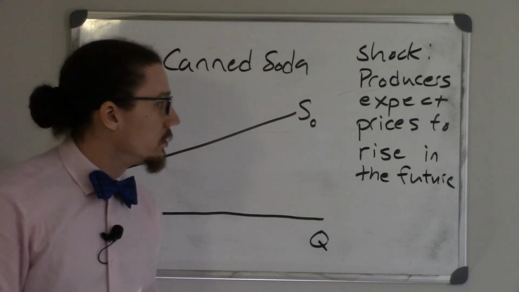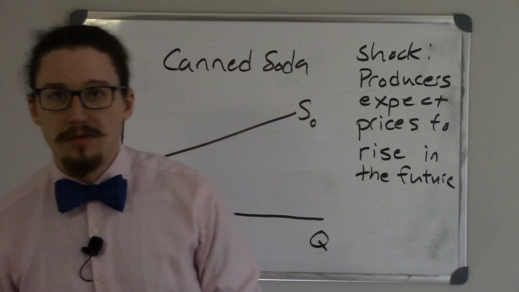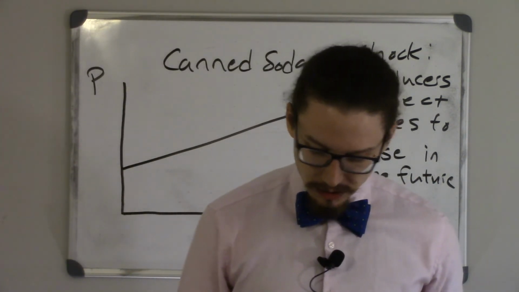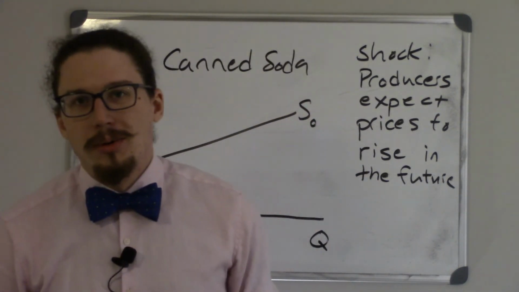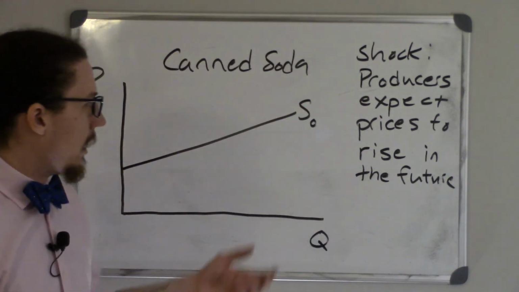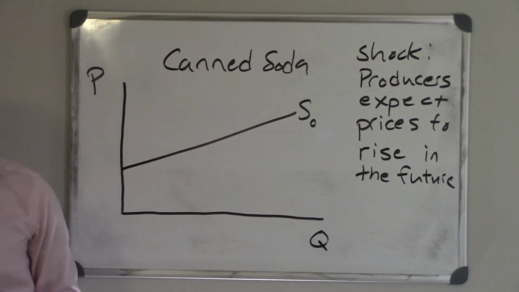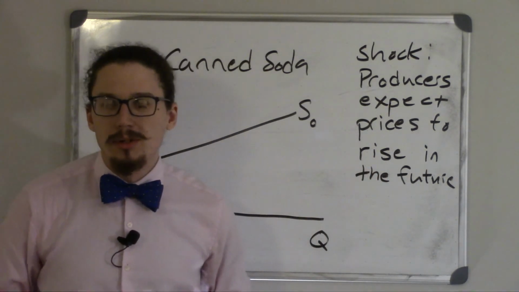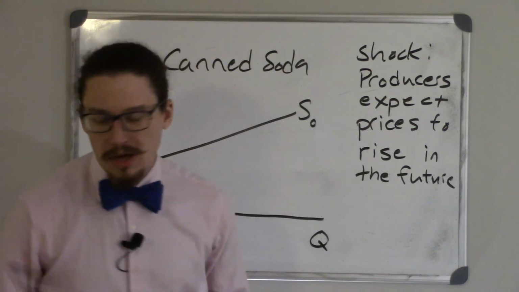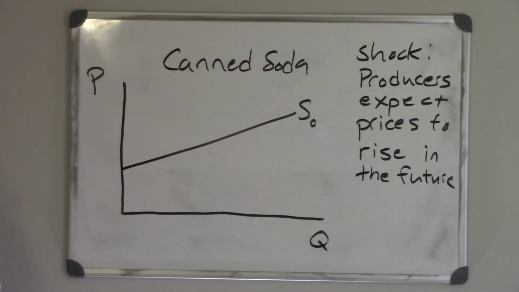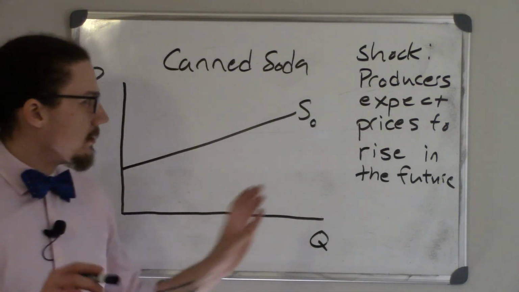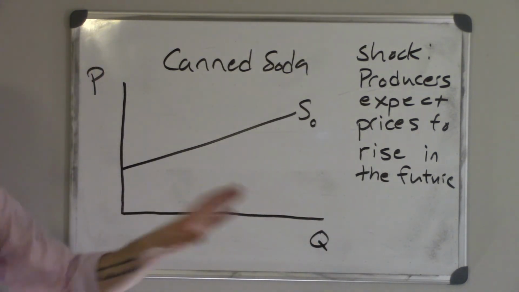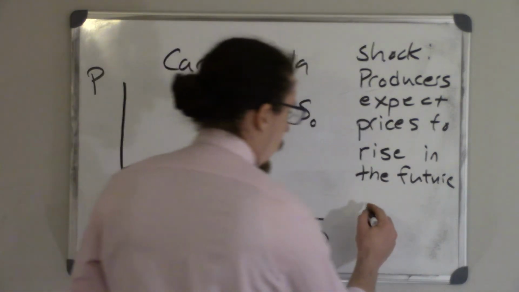So let's say that our shock is that producers expect prices to rise in the future. I don't know what would cause that, but that's okay, let's just say that they expect that. Maybe this Super Bowl's coming up, so they know they can jack the prices up. I don't know, something like that. It doesn't matter. They expect prices to rise in the future.